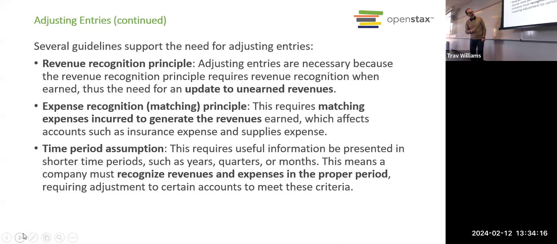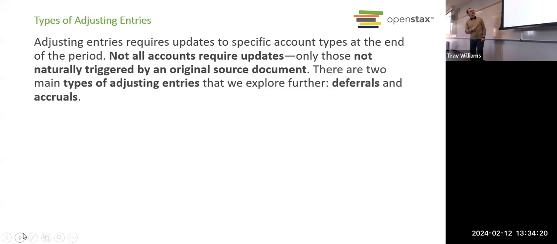Okay, we already talked about all of that. So remember the concept of an original source document? Sometimes you'll get a document that will tell you information you need to put into your accounting records.